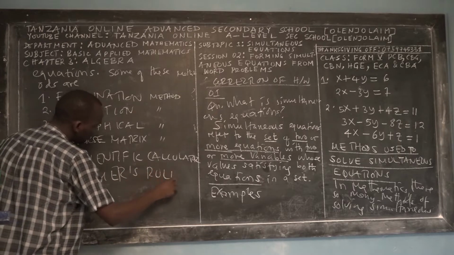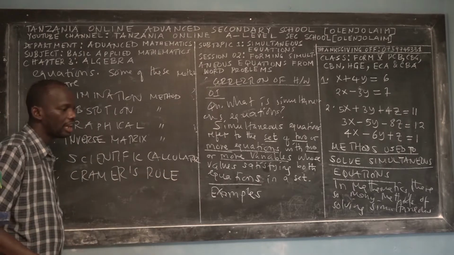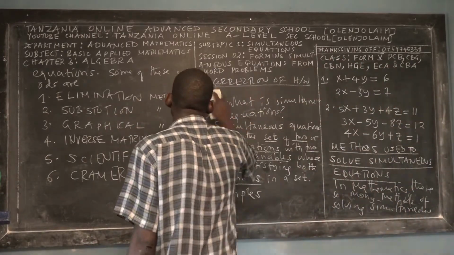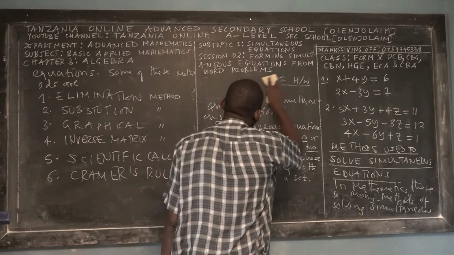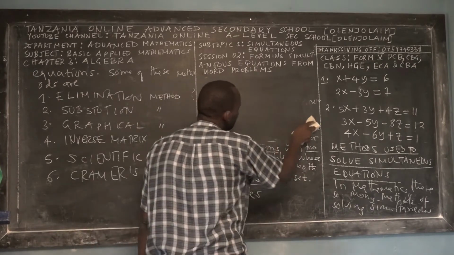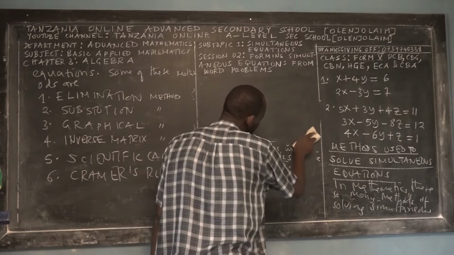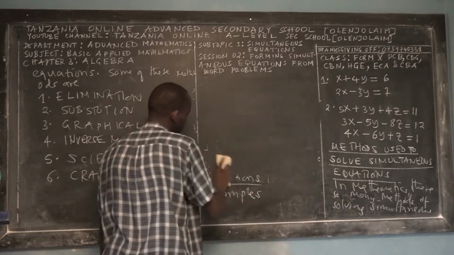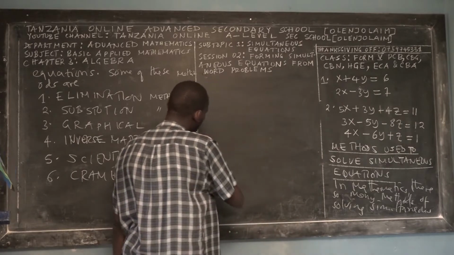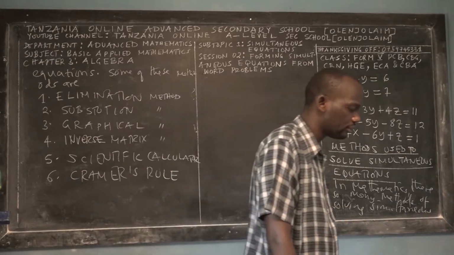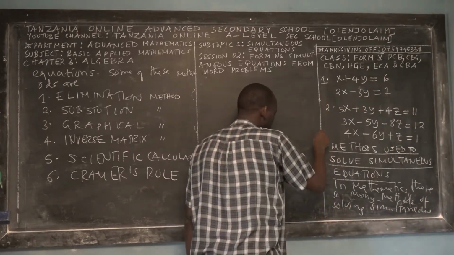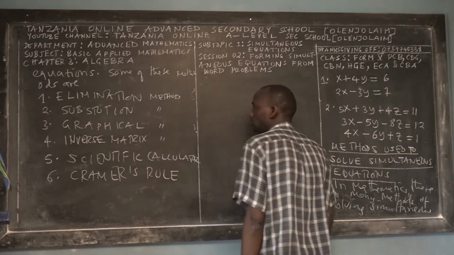Cramer's rule. If you continue with mathematics in engineering, we also learn about other methods, such as Gaussian's method, for solving more than four simultaneous equations.